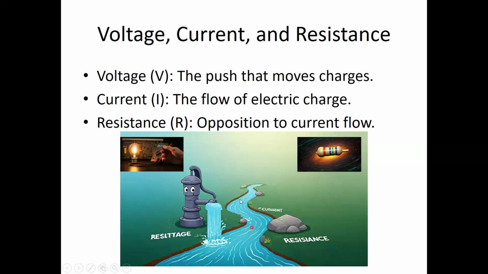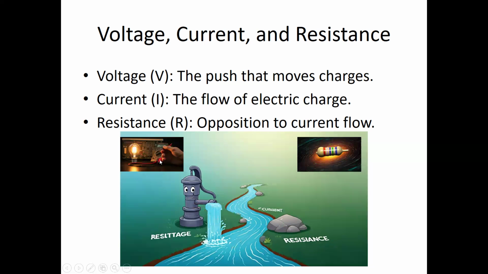If that water is flowing, which is current, and there are stones placed inside the flow that oppose the flow of the water, we will say that the stones are creating a resistance. So the opposition caused by the stones is resistance, the flow of water is the current, and the force by which the water is coming from this pump is basically a voltage.